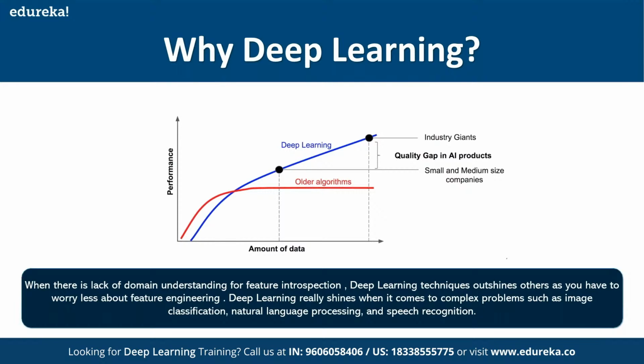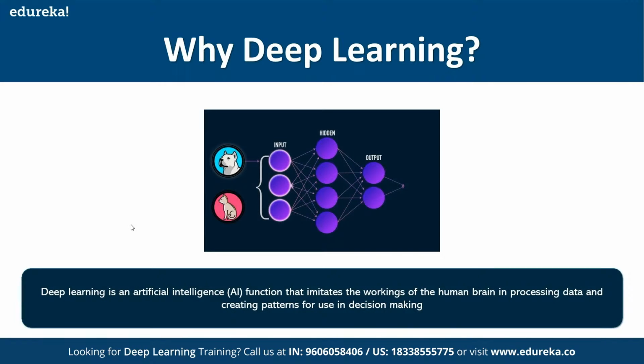That is the reason deep learning is being used in various domains. It is used in complex activities such as image classification, natural language processing, and speech recognition. In all those areas, deep learning outshines the traditional machine learning approach. Now, deep learning is a branch of artificial intelligence.